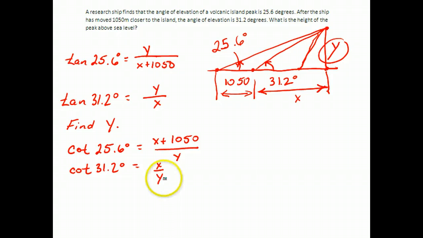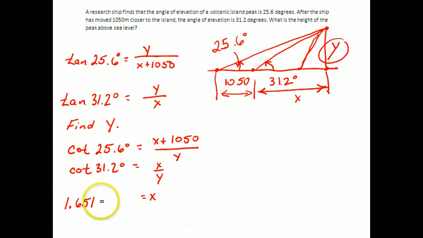Okay, and I want to find y, so it might be nice to solve for x here, so I have this expression in terms of y. So x is going to equal cotangent of 31.2 degrees. In my calculator, I'm going to write that as 1 divided by tan of 31.2, and that's going to equal 1.651.